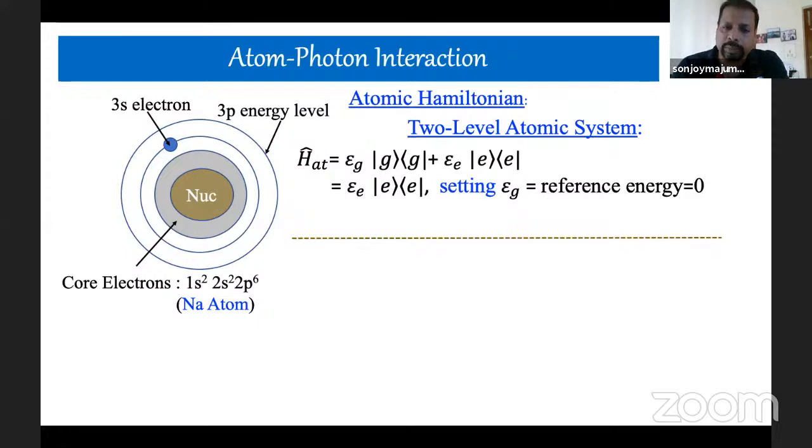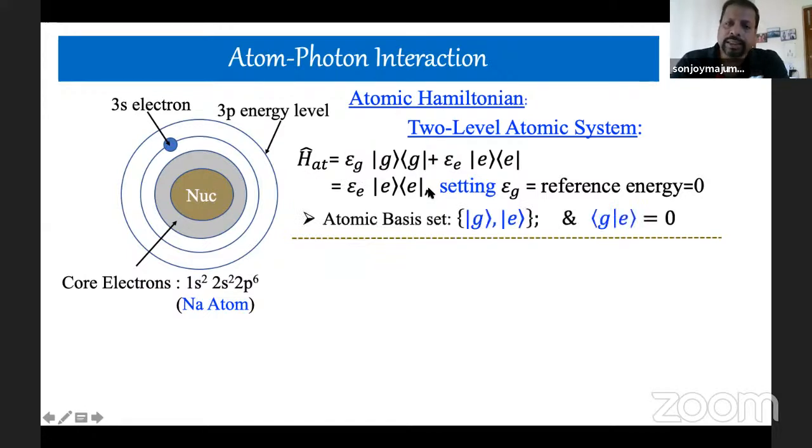We can make a reference: the ground state energy we can take as the reference and say the energy is zero there. Whatever excitation we look at from the ground state, the difference in energy is important. If I set G to zero, then our wave function will be the same, but the Hamiltonian will be written in terms of only the density matrix of the excited state.